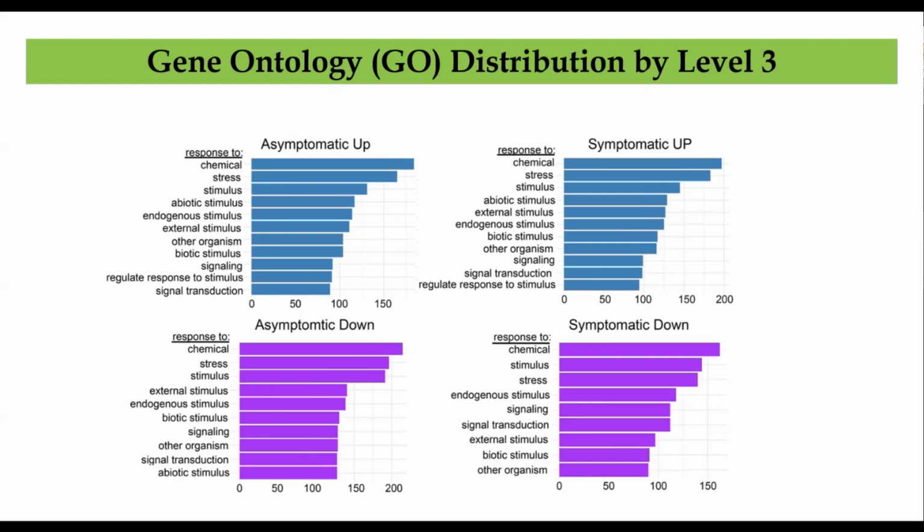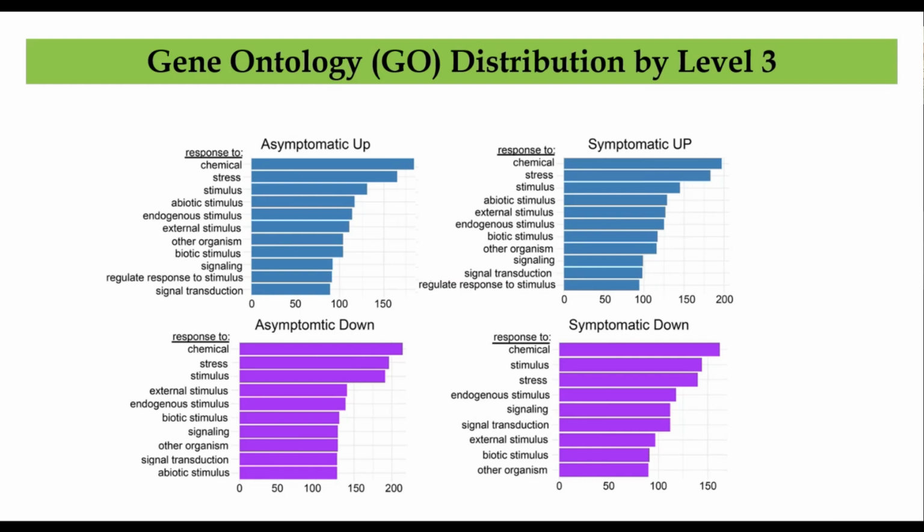So now we wanted to look more broadly at the stress and defense responses spectrum that are present in our transcriptome data set, the genes that are differentially expressed. We wanted to look at them broadly in terms of stress and defense responses. So we limit the gene ontology terminology to level 3, and these are the terms we find that are present in our transcriptome data set.